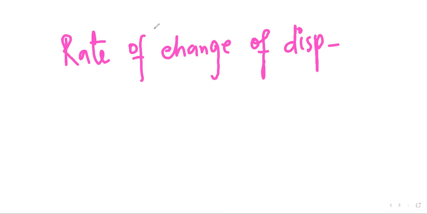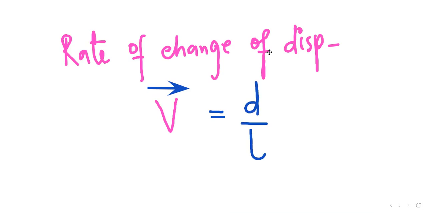Its symbol would be, this is the symbol of speed, and when you put an arrow on it, the speed becomes velocity. We know that speed is distance over time, and when you put an arrow on distance it becomes displacement. So the formula for velocity is displacement over time.